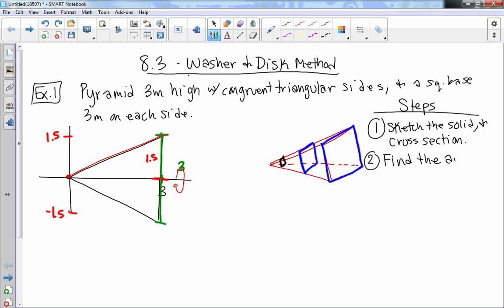Find the area A of X of the cross-section. And we know if it's a weird shape, we can find area by integrating, right? If it's not a nice geometric figure, you can do top minus bottom to find the area.